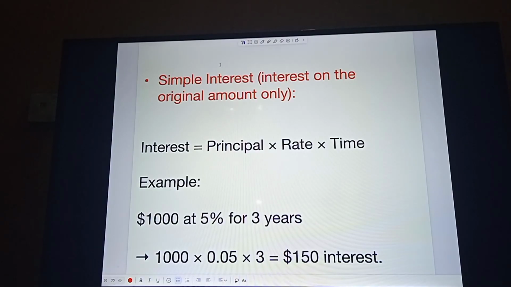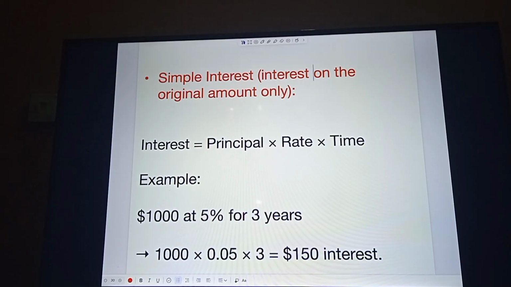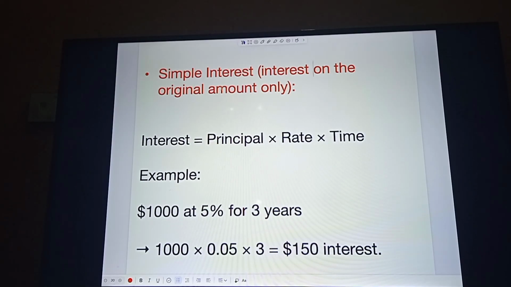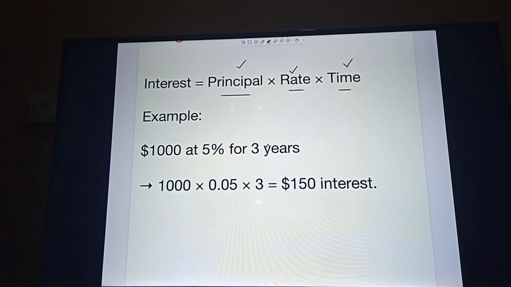To find simple interest, if someone has taken a loan from the bank, then the interest on that particular amount is equal to principal multiplied by rate multiplied by time, where principal is the starting money, rate is the interest rate per year, and time is the number of years. So here is an example.